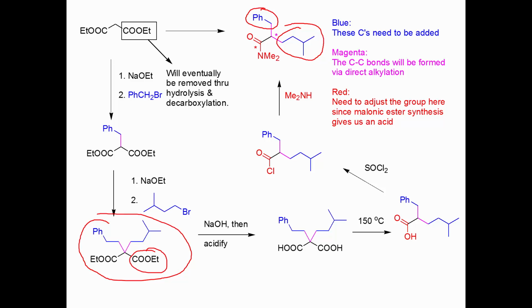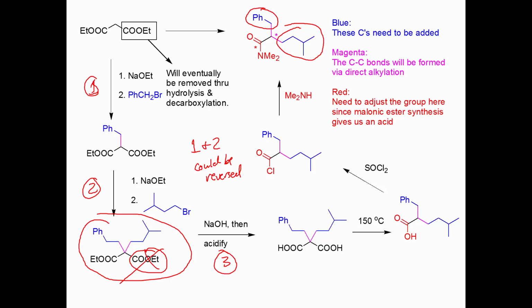And we're going to get rid of that ester group there by hydrolysis and decarboxylation. And remember, if we call this step 1 and step 2, steps 1 and 2 could be reversed.